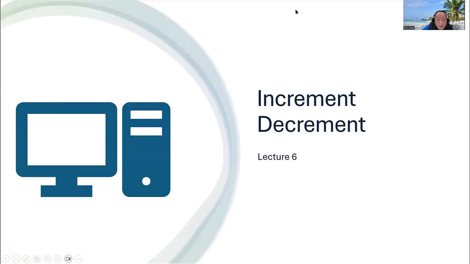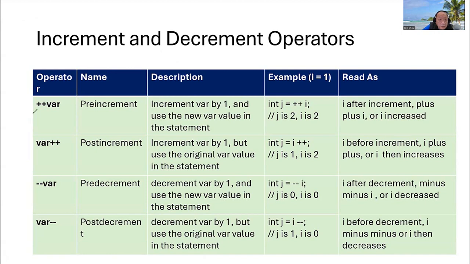Okay. Next one, increment and decrement. You have post-increment and pre-increment. This is post-increment, this is pre-increment. Pre-increment means you increase, then get the value. Let's look at this case. Your I is originally 1. Then increase I and assign it to J, so I increased to 2, and 2 is assigned to J. So you increase first and then assign the value to J. Both are 2.